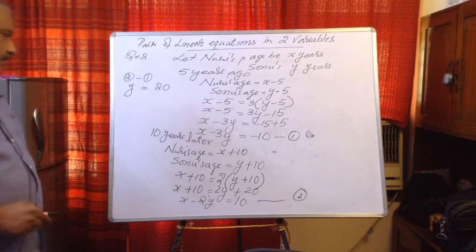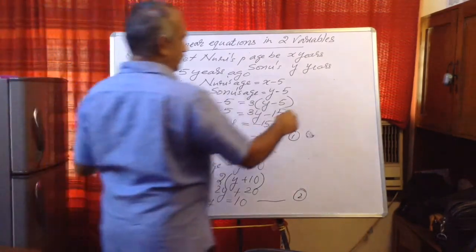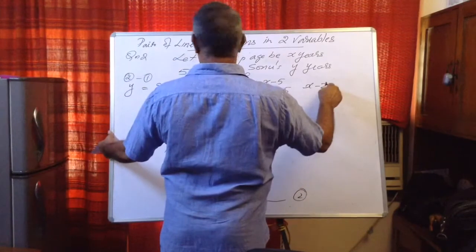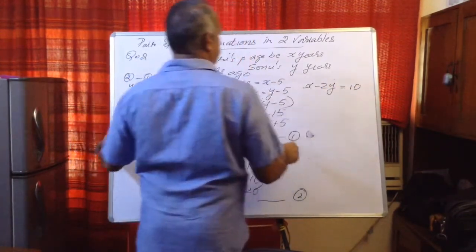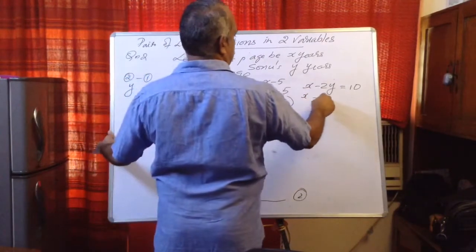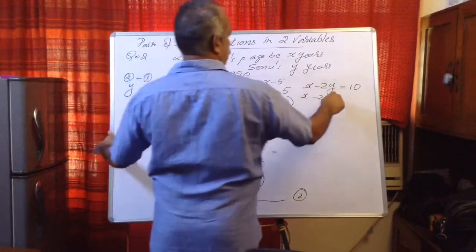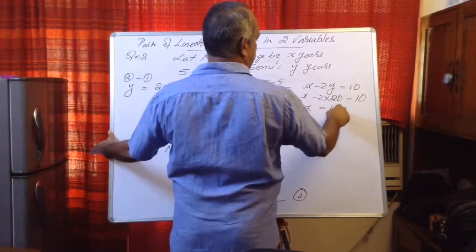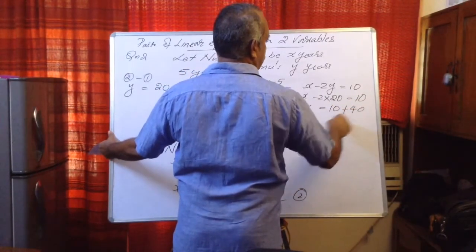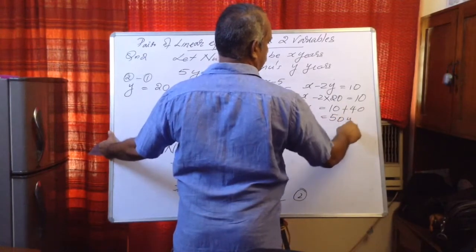Say x minus 2y is equal to 10. So x minus 2 into 20 is equal to 10. x is equal to 10 plus 40, which is 50 years.